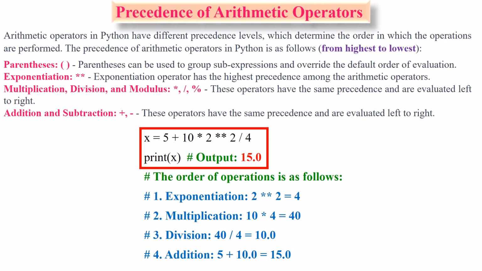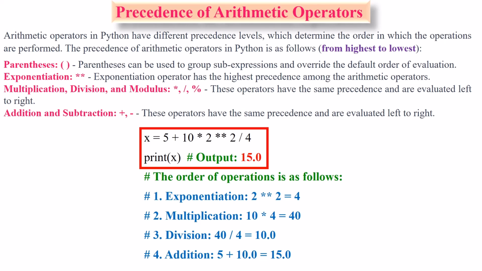In the expression x equals 5 plus 10 asterisk 2 exponentiation 2/4, first, the exponentiation operator is evaluated. In this case, 2 to the power 2 equals 4. Next, the multiplication operator is evaluated. 10 times 4 equals 40.